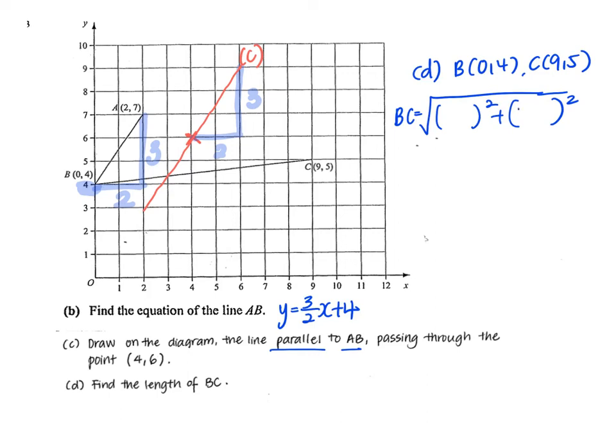So we'll have y2 minus y1, x2 minus x1. So that will be the square root of 9 squared plus 1 squared, and that gives me 9.0554. Rounded off, 9.06 units, 3 SF. Have you gotten the concept?